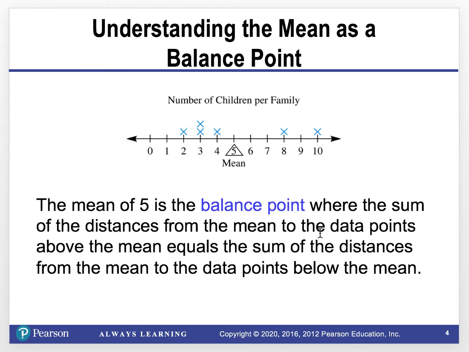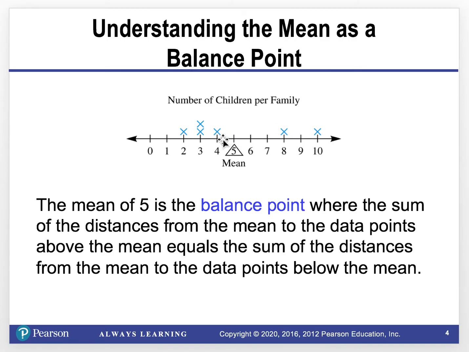Okay, the mean is actually a balance point. If we think of the mean as a fulcrum, like a balance beam, with a bar going across, we can see that even though there are 4 values over here and 2 over here, it would balance about the mean. Look at what this is.